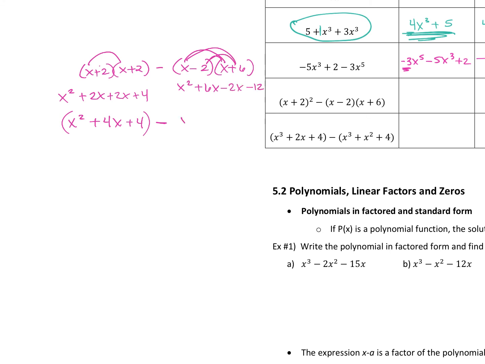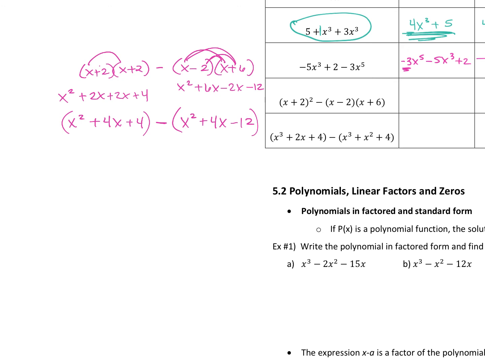So we're subtracting x squared plus 4x minus 12, but we're subtracting the whole thing, right? We're subtracting those 2 sets of binomials. So make sure that minus gets distributed to everything. What do you get? 16, right?